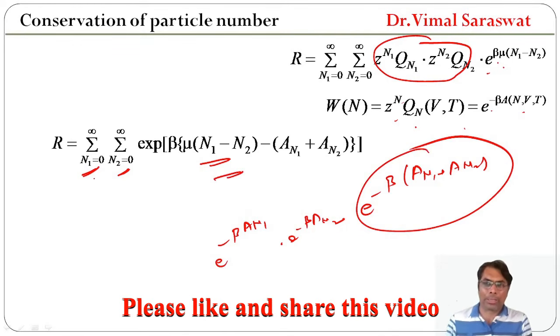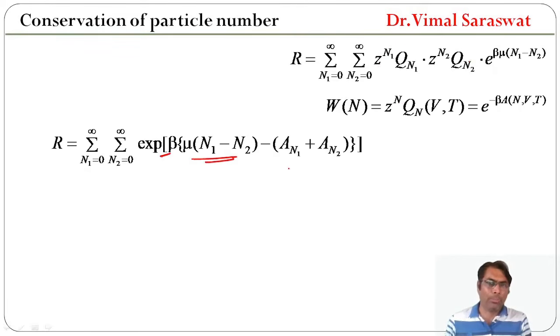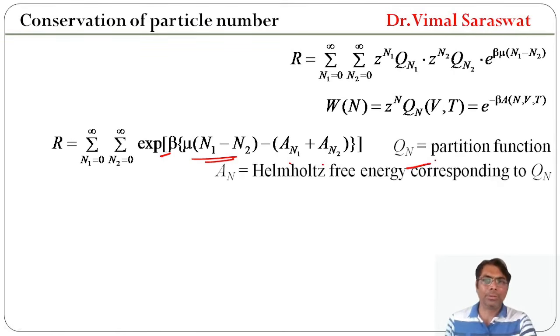So R equal to sigma n1 equal to 0 to infinity, sigma n2 equal to 0 to infinity, exponential beta (mu n1 minus n2 minus A n1 plus A n2). Here Qn is partition function and An is Helmholtz free energy corresponding to Qn.